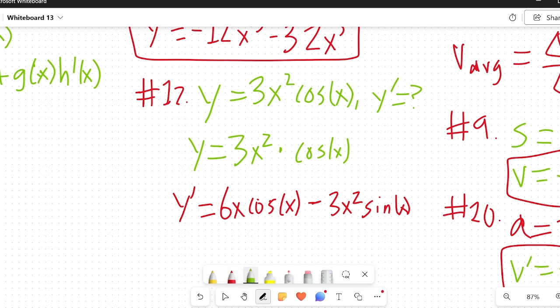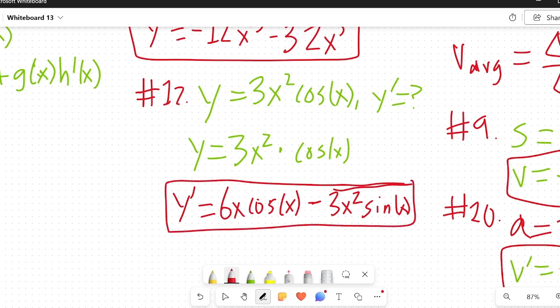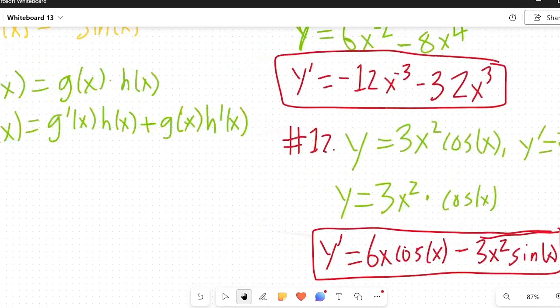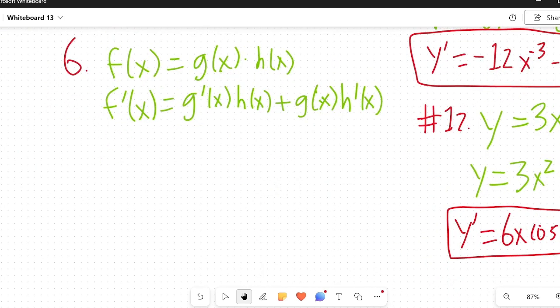So the product rule is probably our most confusing rule yet. But of course there'll be a lot of practice on the actual practice or homework that will be pushed out. That is essentially how we will use the product rule.